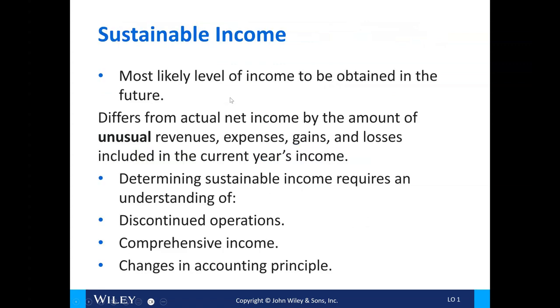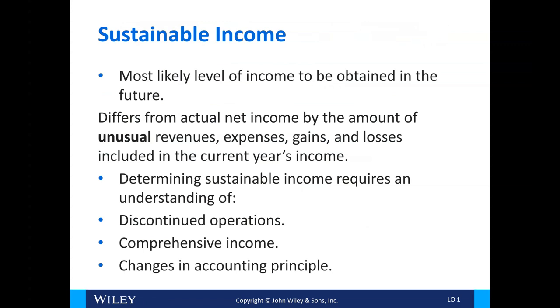All right. So sustainable income, most likely level of income to be obtained in the future, differs from actual net income by the amount of unusual revenues, expenses, gains, and losses, including in the current year's income. So what we want to look at is really income that doesn't have any unusual variances.